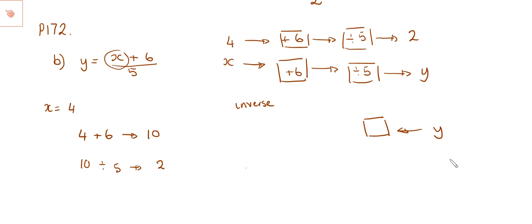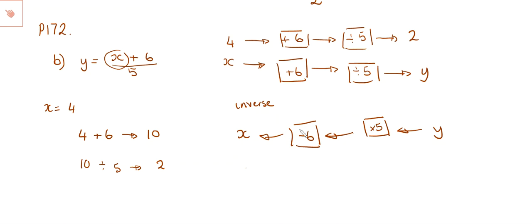But because I am doing the inverse direction as well, I kind of keep it consistent. What is the inverse of divide by 5? Multiply by 5. And then I subtract 6, and what comes out?